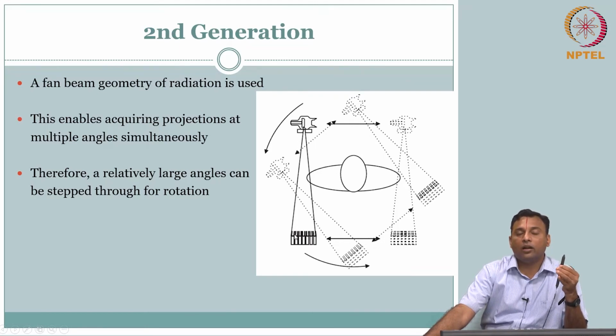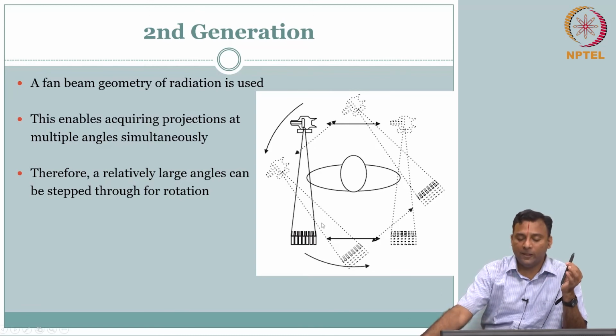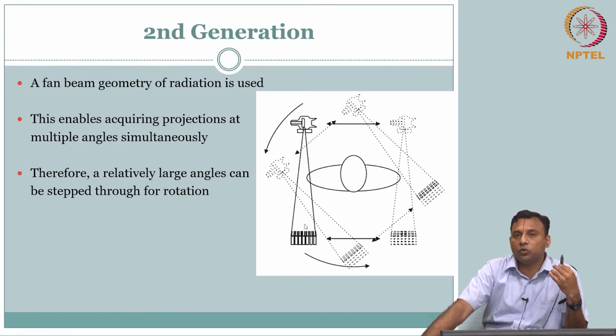Because you are not allowing all the signal, you have some threshold, you have some tolerance, you are accepting only through that. So for the same number of projections that you would use in your first generation, if you use it here, the quality goes down because Compton scattering is now coming into the picture. So the image quality goes down.